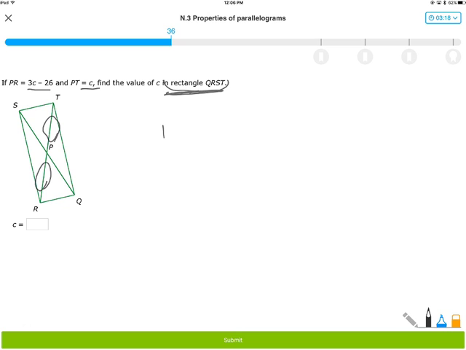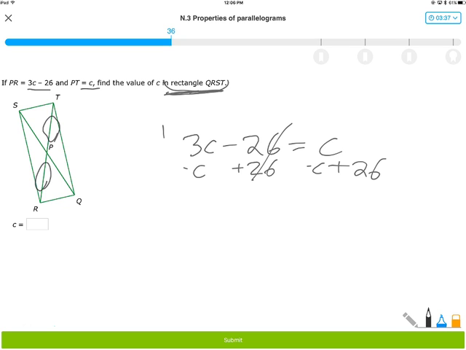But we know in a parallelogram that the diagonals bisect one another, so that means this diagonal gets cut in half, so we know that 3C minus 26 is equal to C. So adding 26 to both sides, subtracting C from both sides, we get 2C is 26, or C is 13.